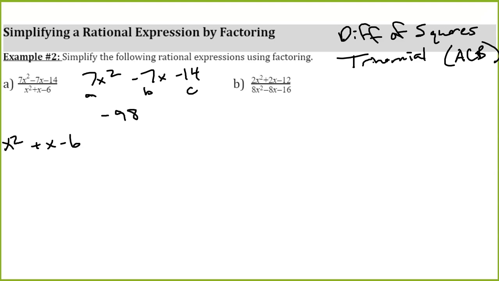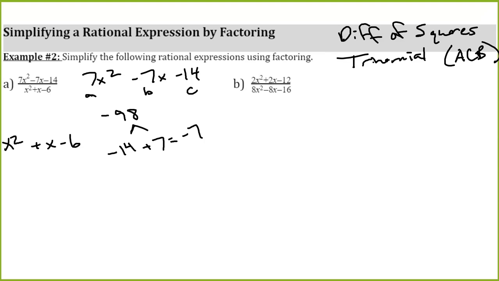I want to look for two numbers that, when added together, give me negative 7, the B, but multiply together into the negative 98. This is actually going to be the same two numbers I just used: negative 14 and 7, because we just did that. Then we go ahead and do our grouping step.